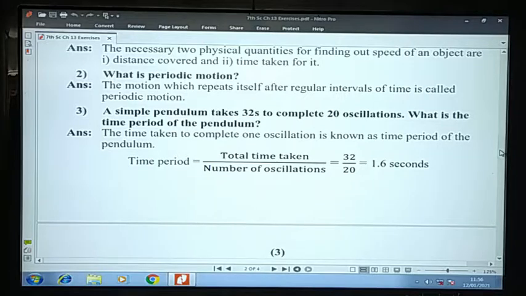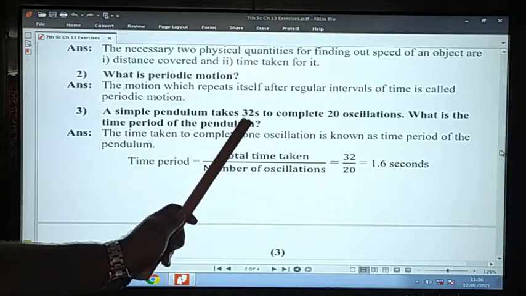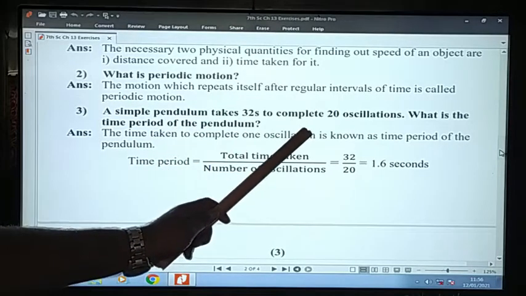As we have studied, what is an oscillation? One oscillation starts from the mean point 0, goes to A, then comes to B, and comes again to 0. That is called one oscillation. So it takes 32 seconds to complete 20 oscillations.